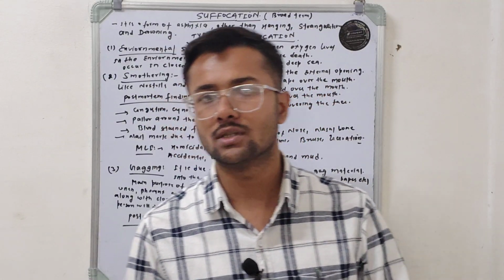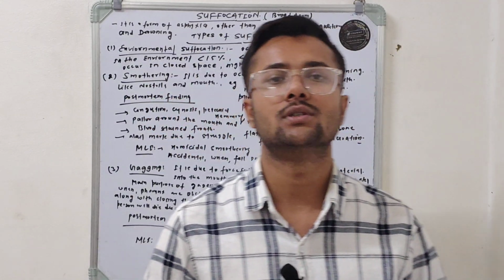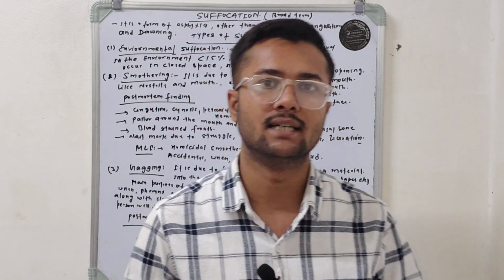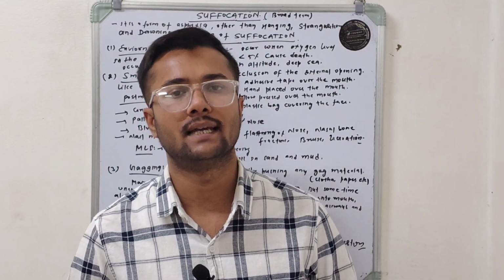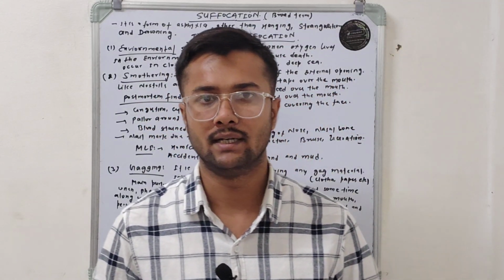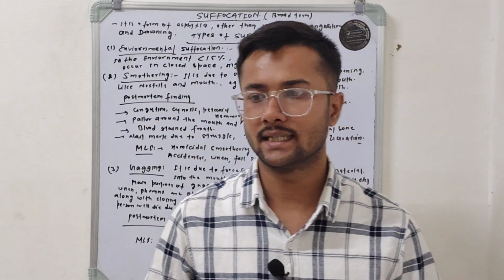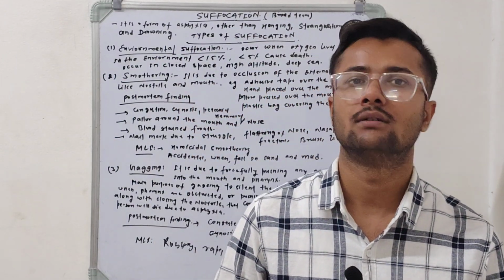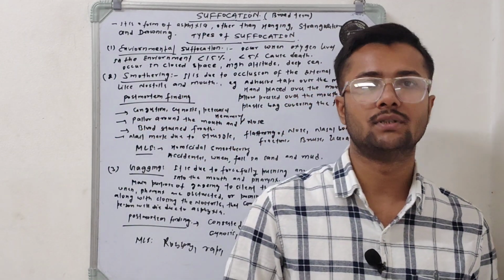So what are the post-mortem findings in case of smothering? Common post-mortem findings are cyanosis, petechial hemorrhage, and congestion of organs. Other findings are fracture of the nasal bones, nail marks due to the struggle, and blood-stained froth.